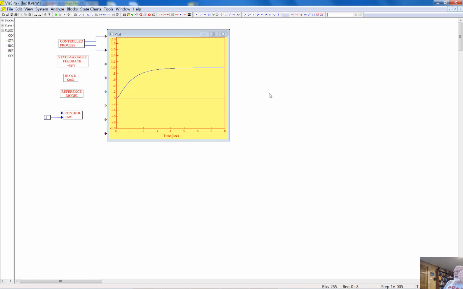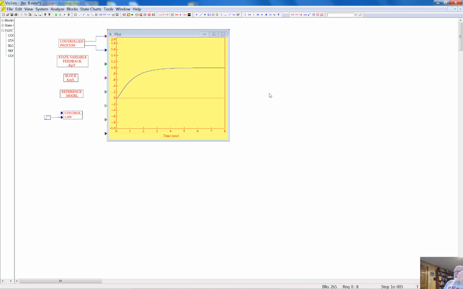The last comment is this. Everything that was done here is based on the exact knowledge of the properties of the control plant. This linear model following design would fail if we did not have the exact knowledge of the parameters of the plant.